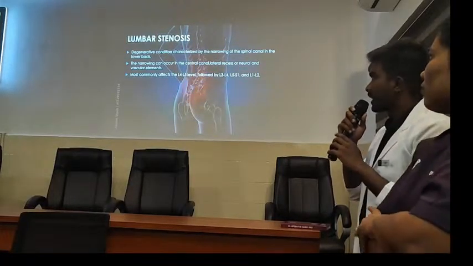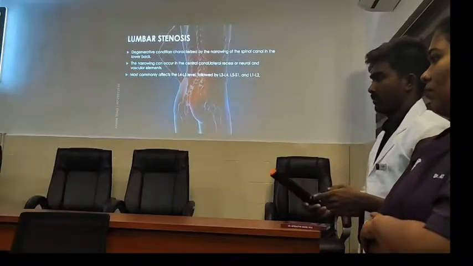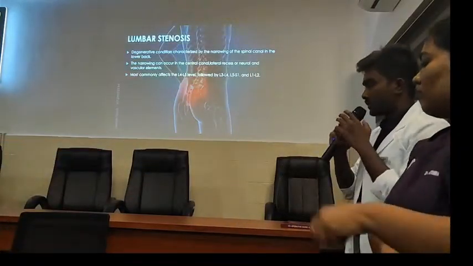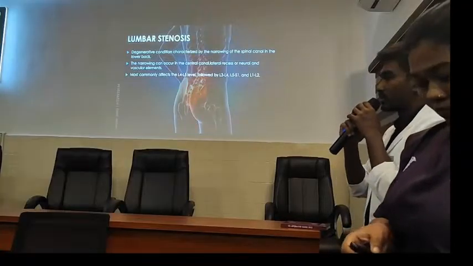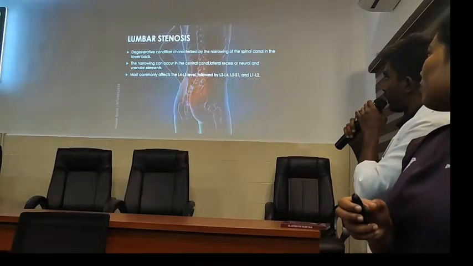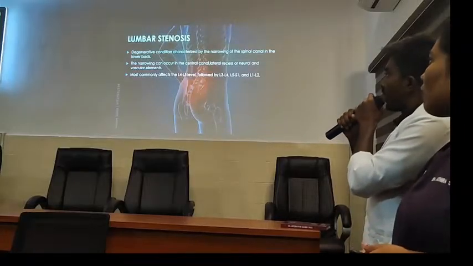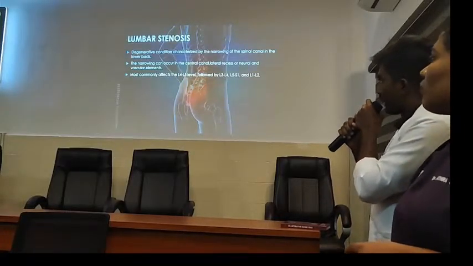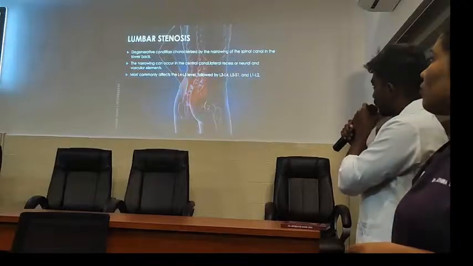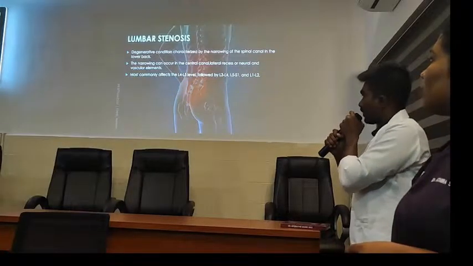As we have discussed earlier, there are three types of stenosis: central, lateral and foraminal. That is explained here. It most commonly affects the L4-L5 level, followed by L3-L4, L5-S1 and L1-L2.